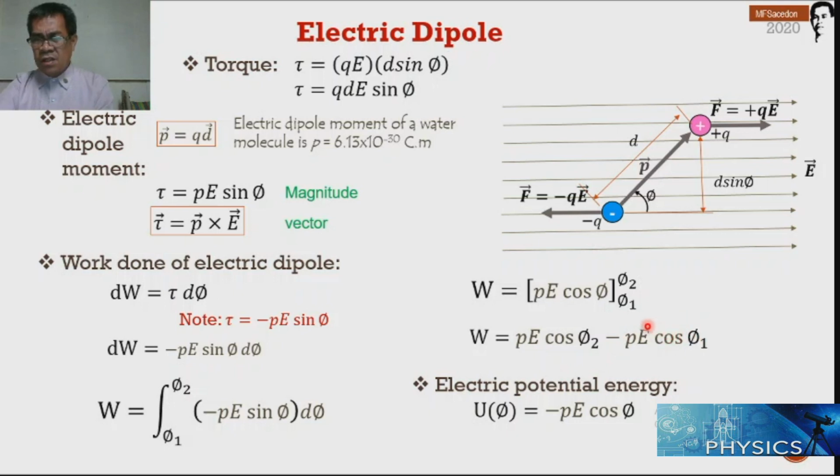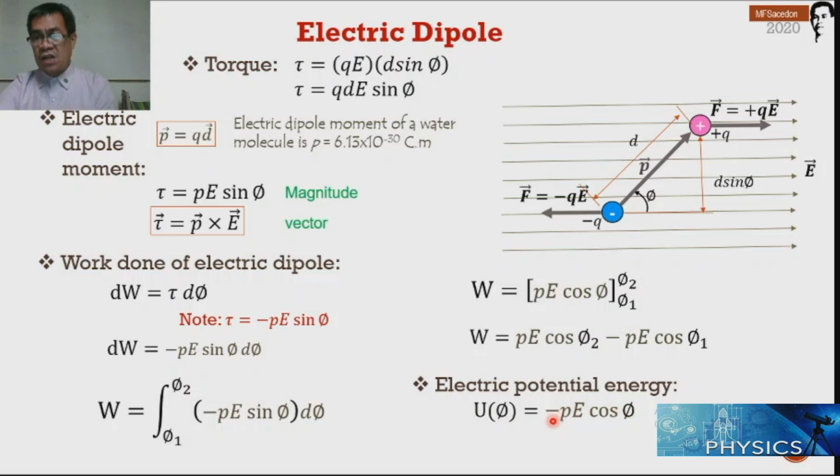This is the initial potential energy, and this is the final potential energy of the dipole. The electric potential energy is defined as negative PE cosine angle P. Why negative?